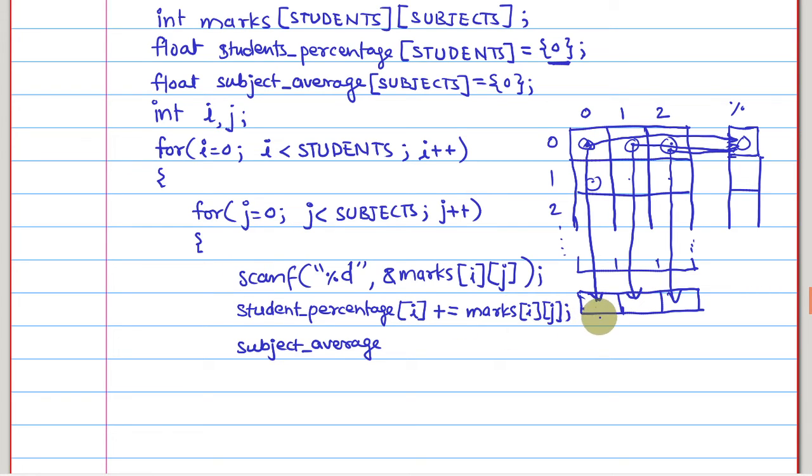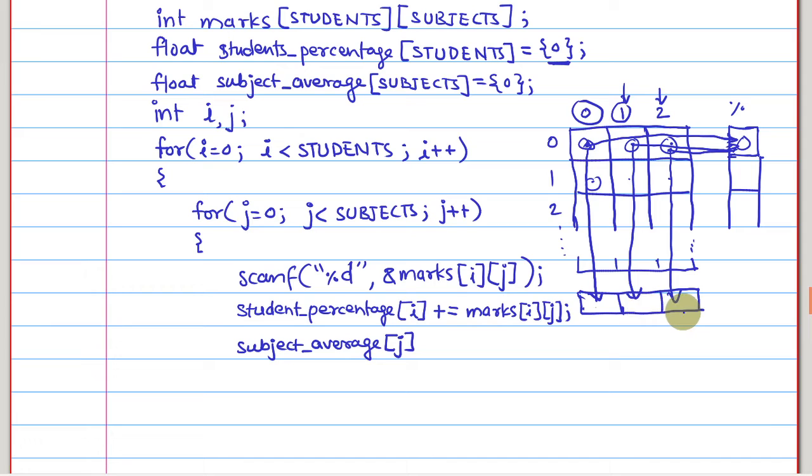So here, when j's value is 0, it is scanning marks for this subject. When j's value is 1, it is scanning marks for this subject. When j's value is 2, it is scanning marks for this subject. So we should store it at j and not I, right?